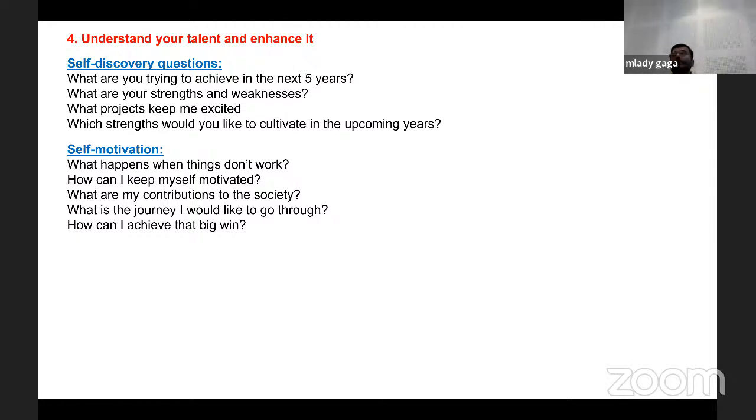So if you work on sustainable agricultural development, on something like drought resistance, or you can do something so that you will be able to use the water resources, because we have two-thirds water, you can solve this type of problem. So which kind of journey would I like to go on, how will I go further, and how can I achieve this big win?